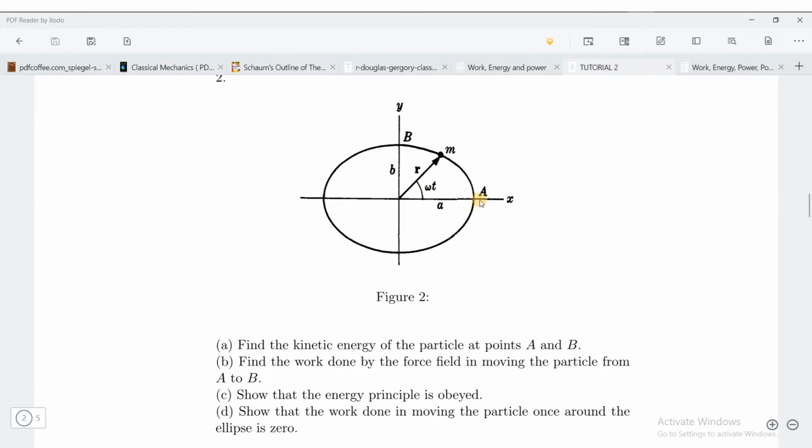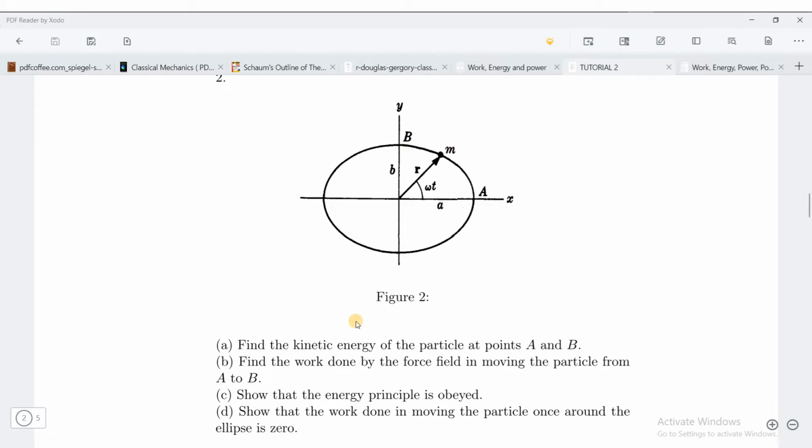So at point A, omega t is 0 radians, and at point B, when you look at this elevation from this point to this point, this position vector will make an angle of 90 degrees, and 90 degrees is just pi over 2.